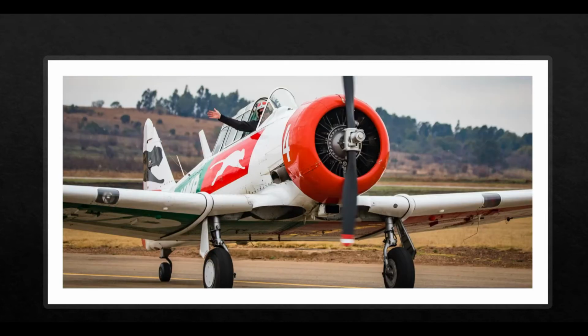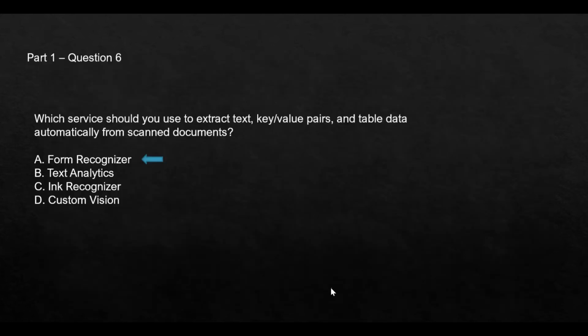If I show this one, it might get a bit confused, but if your model is good, the service should still recognize that this is an aeroplane. The confidence level can be relatively lower, but it should still recognize it is a plane. That is all you need to know about Custom Vision for this question.